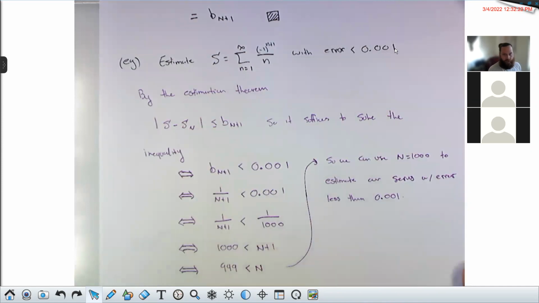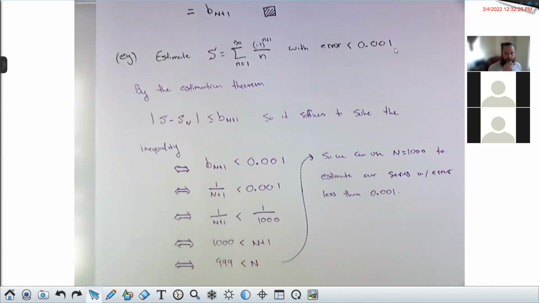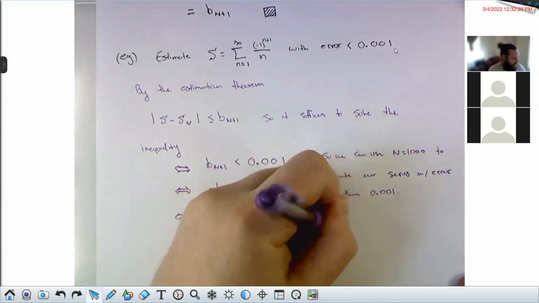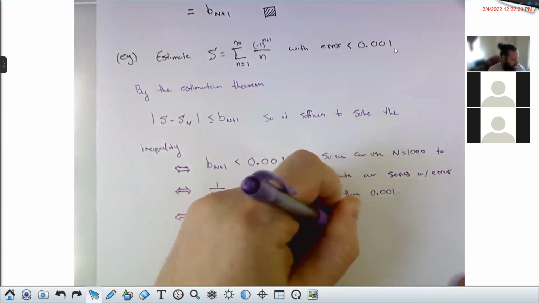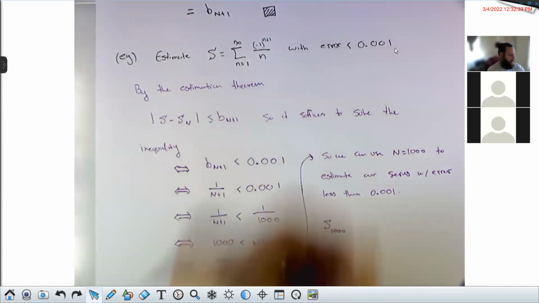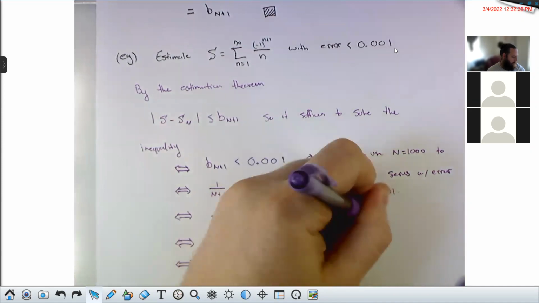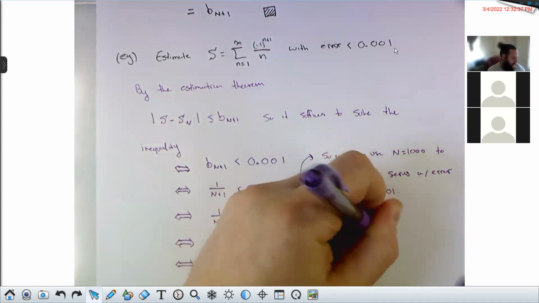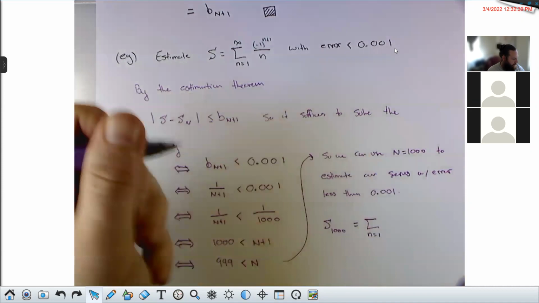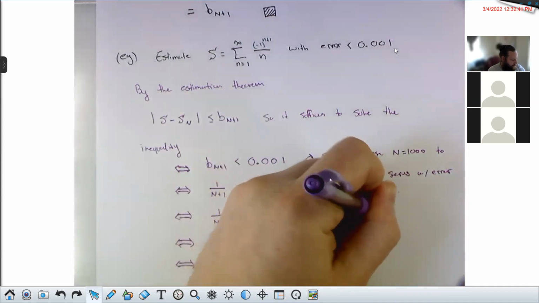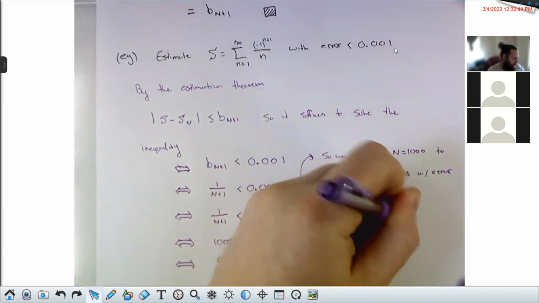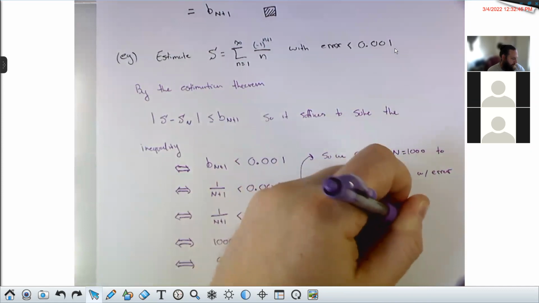Let's see what we actually get. So let's use n equals 1,000. That means I'm looking at S 1,000, which is the sum from n equals 1 to 1,000 of -1 to the n plus 1 over n.